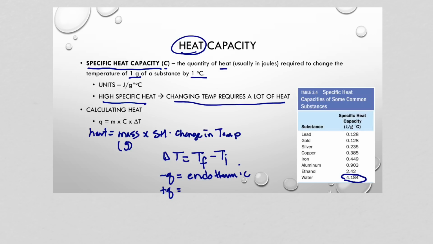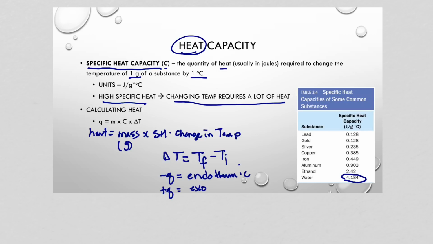And so this is going to be endothermic, where we're gaining heat. So the signs of Q and delta T will help us understand what kind of process we're dealing with.